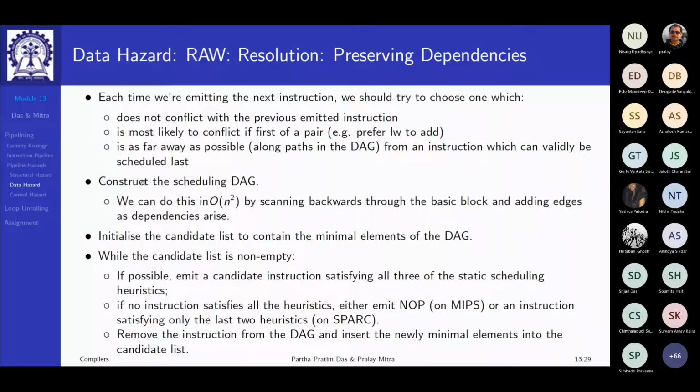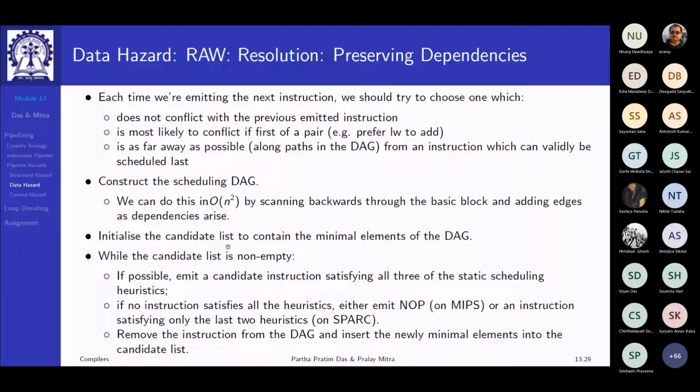So the first step would be to construct the scheduling DAG, which can be done in order n squared time by scanning backwards through the basic block and adding edges as dependencies arise. But this is one time, just to form the DAG. Then initialize the candidate list to maintain the minimal elements of the DAG.